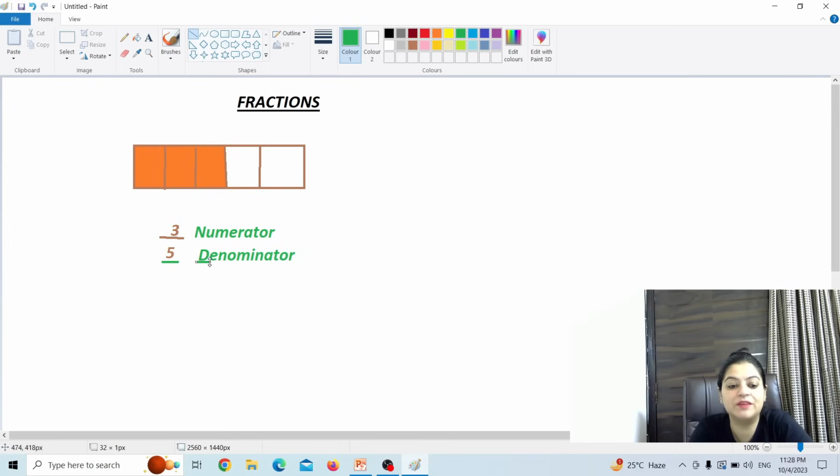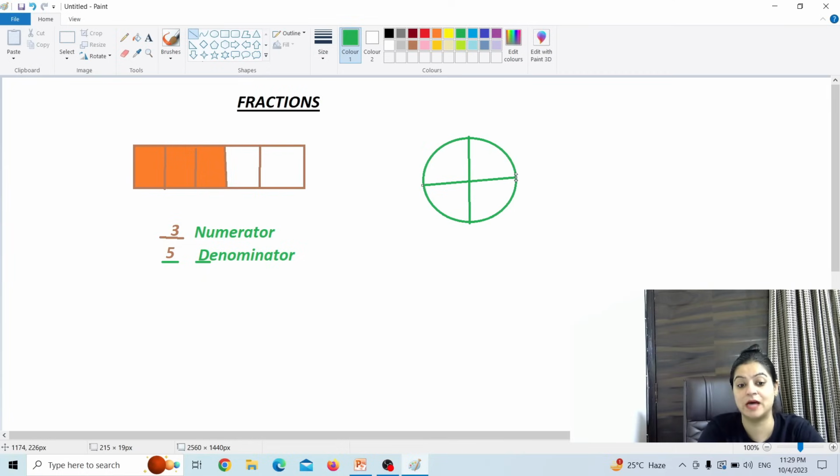Okay, so if I will give you one more question on it. So for example, just imagine that you have a pizza. This is a pizza and you cut the pizza into 4 equal parts. So in the whole pizza, how many parts I have? 4. So you will make a line.